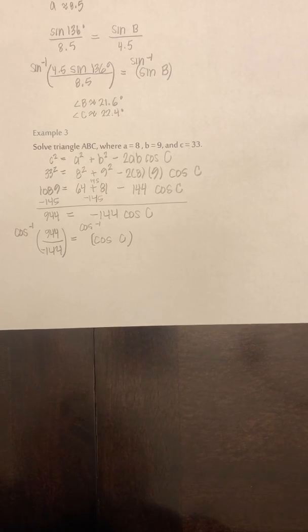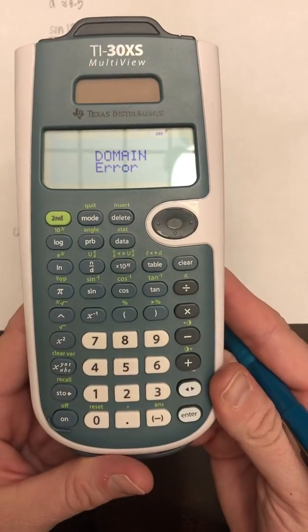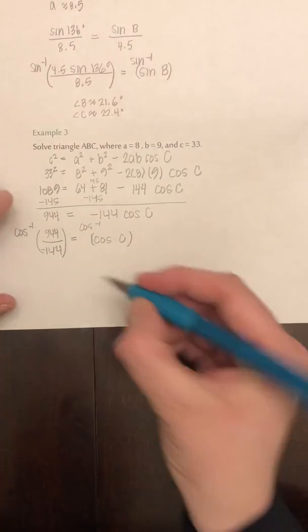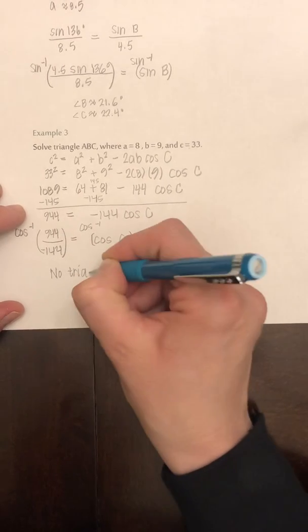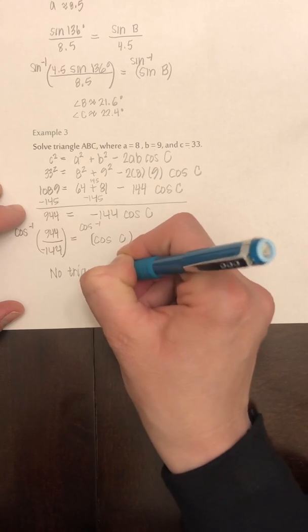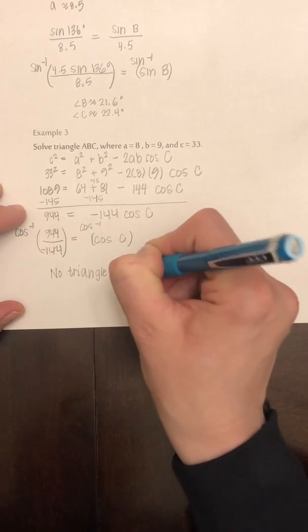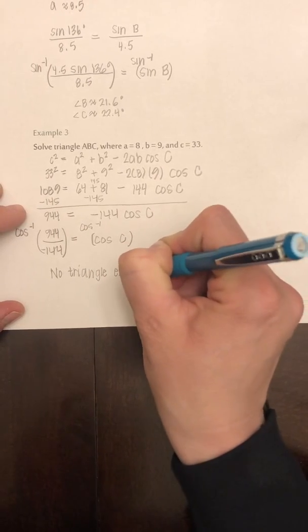But my finger's gonna look good with all this workout. So I've got inverse cosine of 944 over negative 144. And you may see a similar problem. Mine says domain error, which, what do you think that means? That means that no triangle exists. So we see a case of there's not a triangle there.